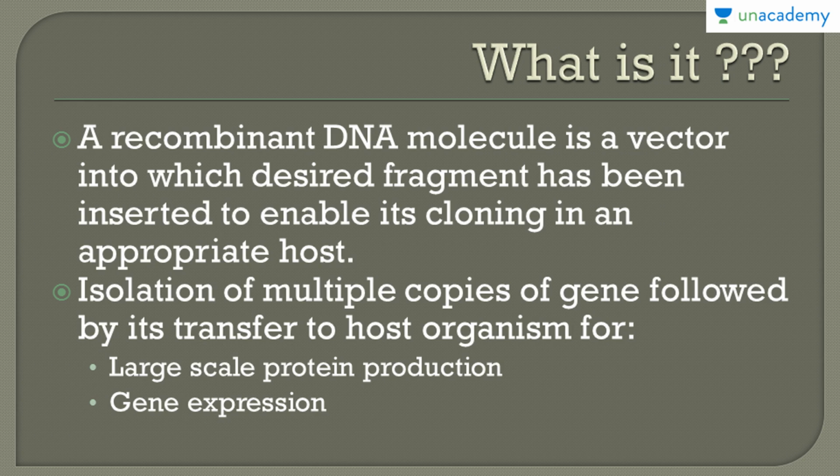In large scale protein production, the desired fragment inserted into the vector is introduced into the host, and within the host the desired fragment is expressed, controlled by the regulatory sequences present in the vector molecule. Most of the time this gene is coding for a particular protein, and since the protein is produced within the host, it can be obtained from the host organism.